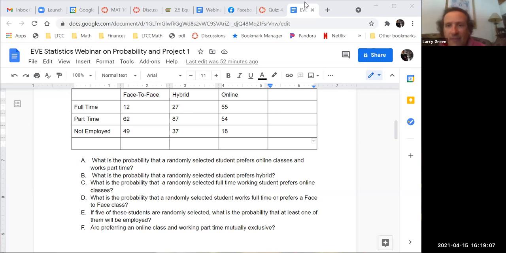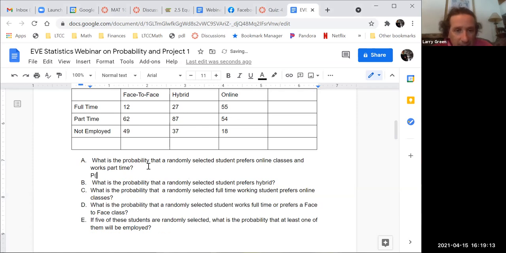Fraction? Yeah, we have a fraction. Okay, so that's the first thing. We want the probability of online, I'll just call that O, and part-time, let's call that P for part-time. P is not the best letter, but I'll use it. And the idea is that's always going to be a fraction. So let's make a fraction out of this.